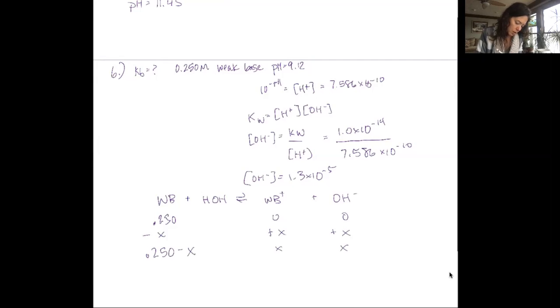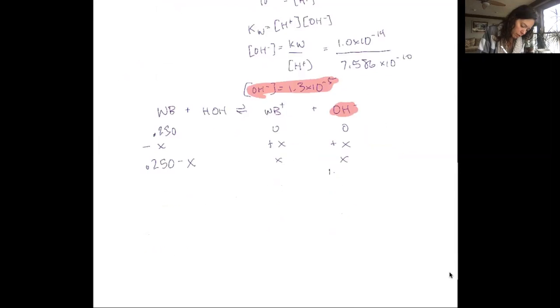Kb is what we're looking for. However, x is my hydroxide, and that is 1.35 times 10 to the negative 5th. So I know that both of these will be 1.35 times 10 to the negative 5th.